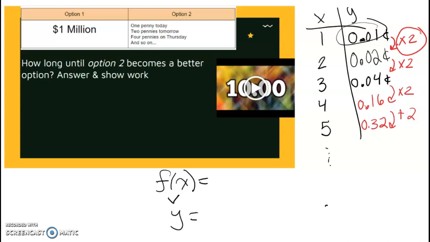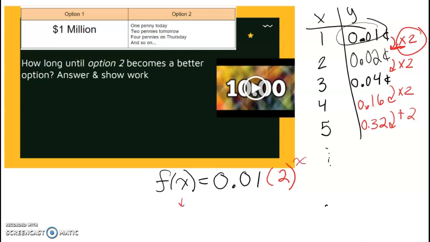So f of x equals how much I started with, 0.01, and what we're going to do is multiply it, because here it says we're multiplying by 2. I'm going to multiply by 2, but because I want to figure out when it's going to be beneficial, I'm going to put this to the power of x.